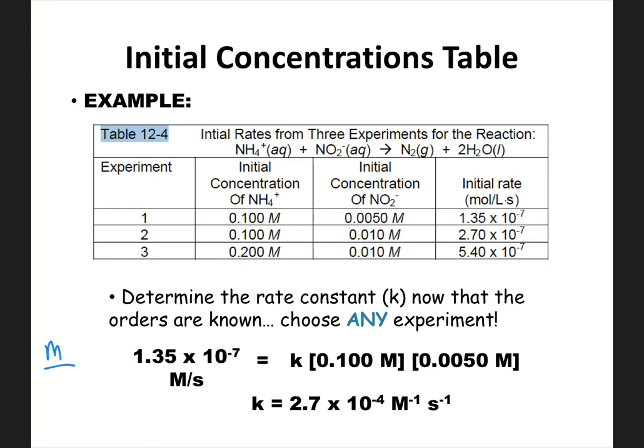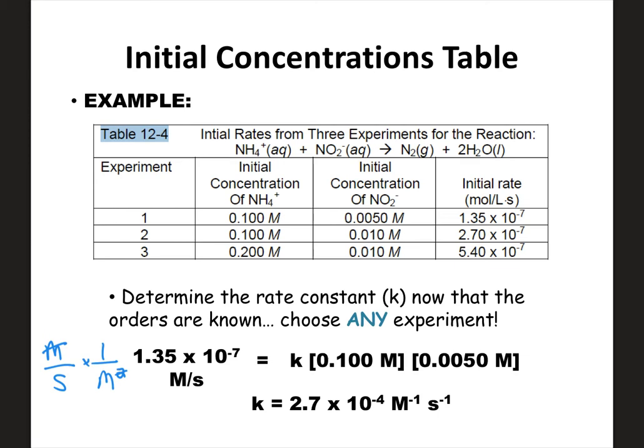We had molar per second divided by molar squared, which would be the same thing as timesing by 1 over molar squared. When you do your canceling here, molar cancels on top with one of the ones on the bottom. So the only thing you have left for your units is essentially 1 over molar times seconds, which is the same thing as molar to the -1 times seconds to the -1.